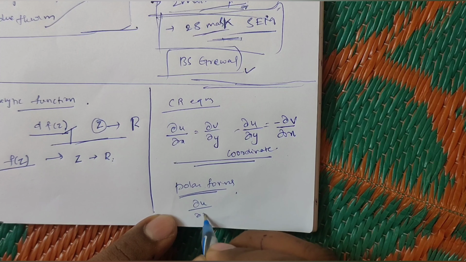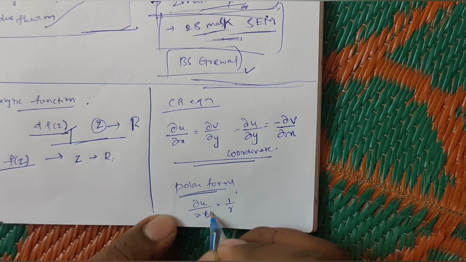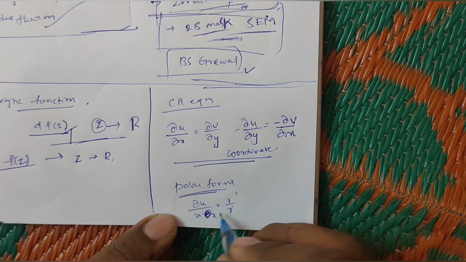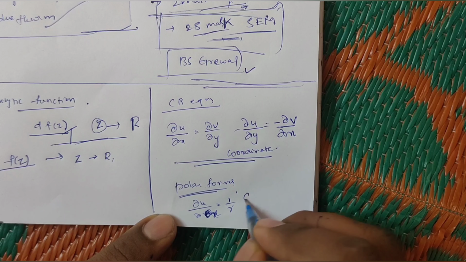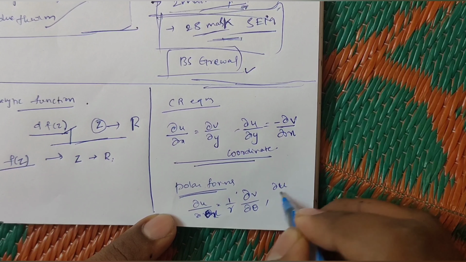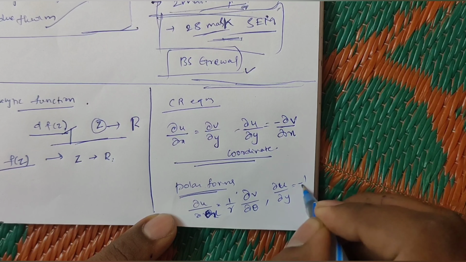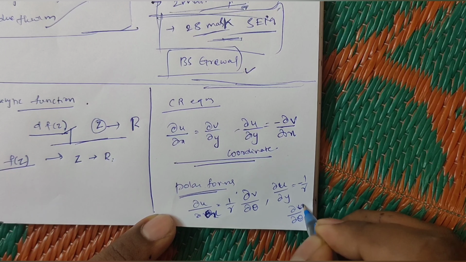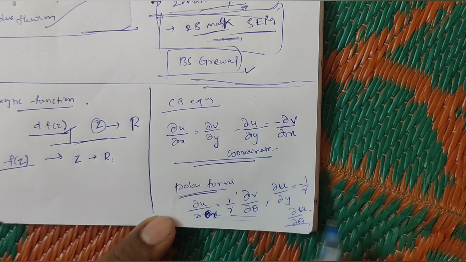Dou u by dou r equals 1 by r dou v by dou theta. And the second one, dou v by dou r equals minus 1 by r dou u by dou theta. Okay, so these are the polar forms.